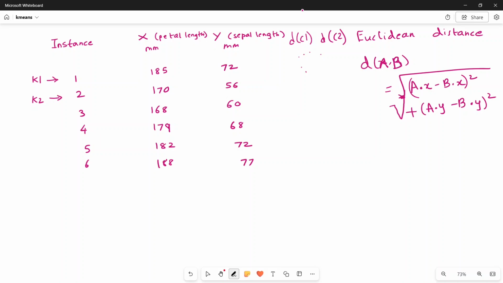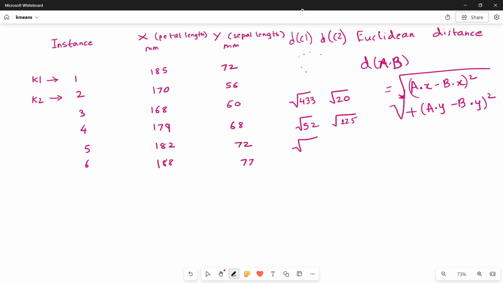Now for the third point, distance from C1, you can pause and calculate for yourself. You need not simplify it further. You can leave it at square root 433. Here you can leave it at square root 20. Here square root 52. Here it will be square root 225.